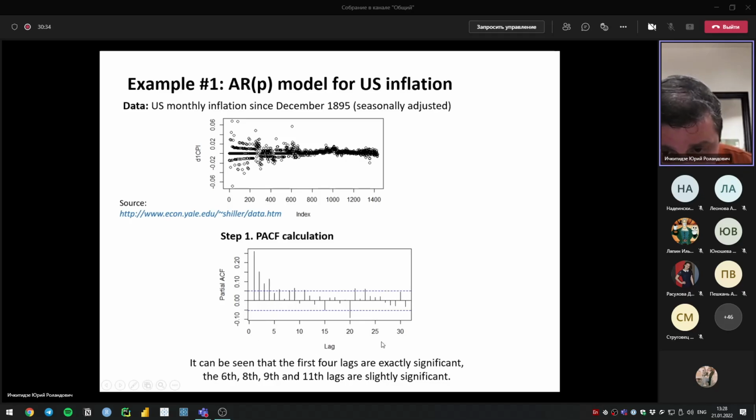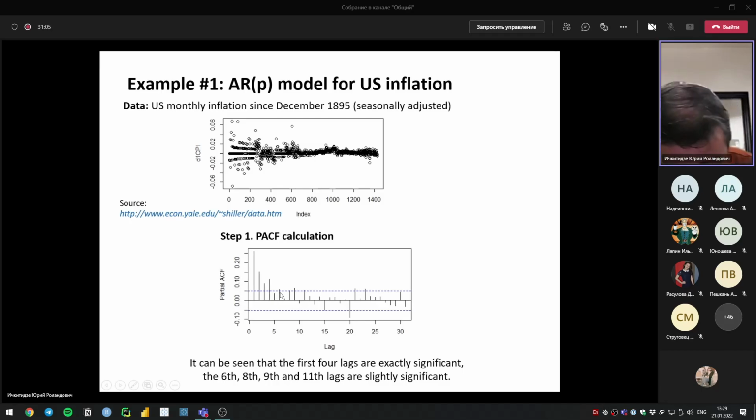The k is the x-axis, that means lags. Here we can see that exactly the first 4 parameters are significant, which means that AR4 is definitely needed in this case. That is, at least AR4 we should build.